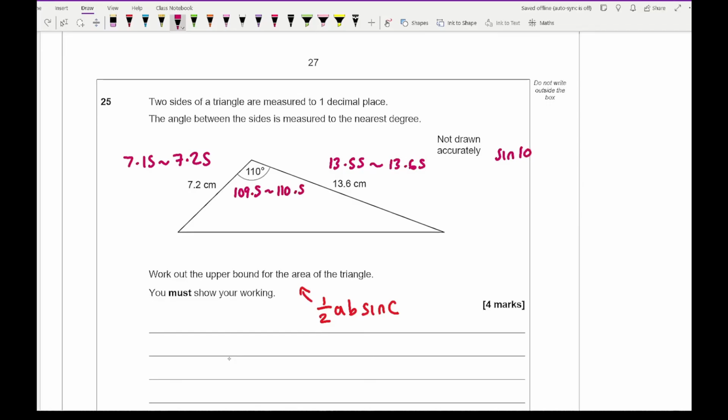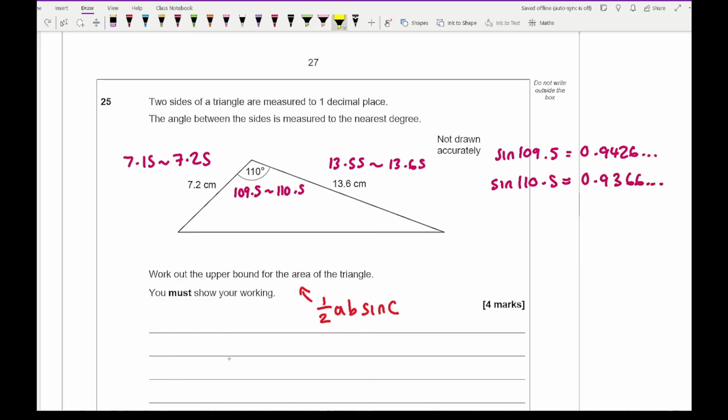Now what you want to do is see which angle we're going to use, because when we're multiplying we want the biggest numbers, but it's worth double checking what sine 109.5 actually is, because we want the biggest number. So this is 0.9426, and then if I do sine 110.5, it comes out smaller, 0.9366.